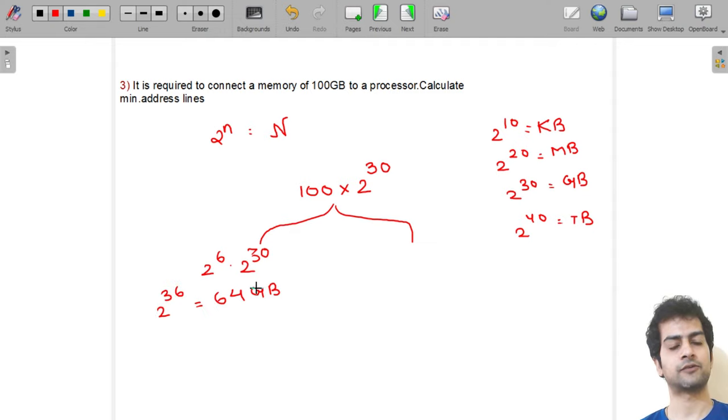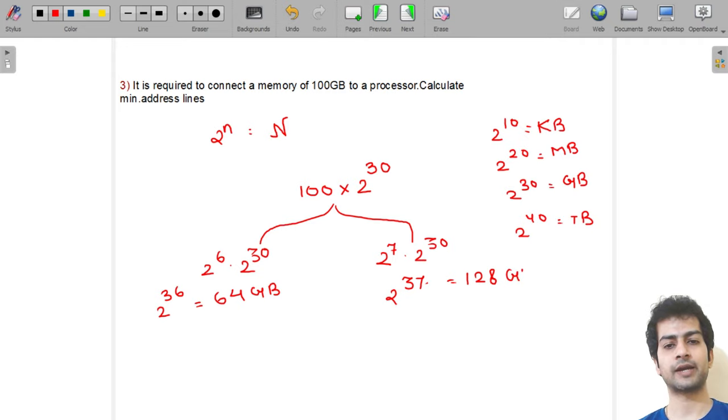And another option is that if we take 2 to the power 7 into 2 to the power 30, then 2 to the power 37, it will be 128 gigabyte.